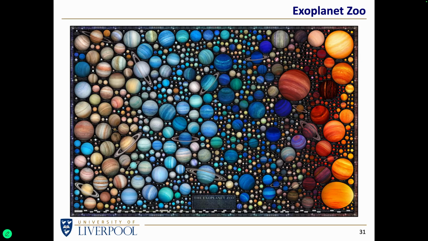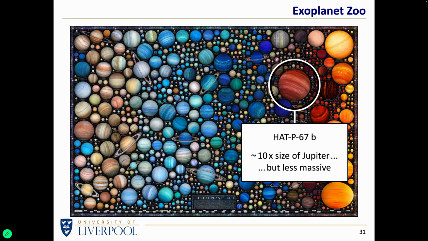What other interesting exoplanets do we have in the exoplanet zoo? In the top right quadrant there, we have the planet going under the wonderful name of HATP67b. It's something like 10 times the size of Jupiter, but appears to have a mass less than Jupiter.